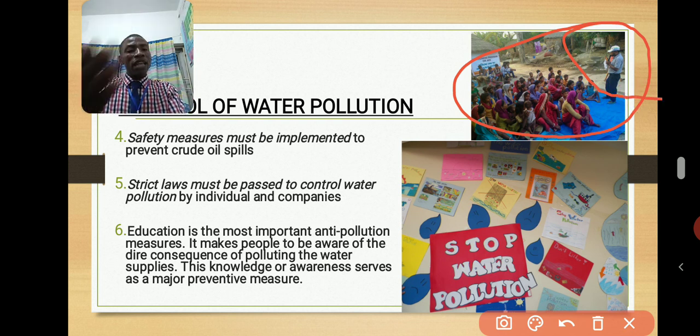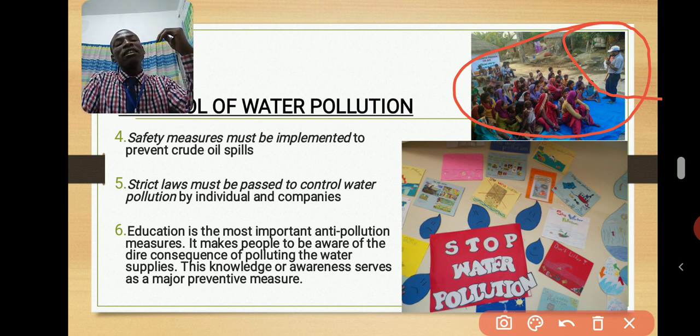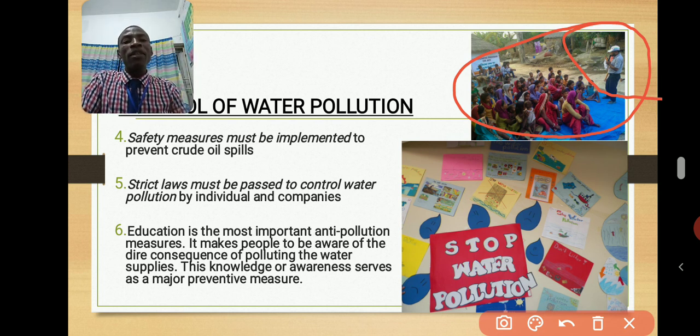Now that measure can be adopted. Let people understand the impact of what they are doing to the environment immediately surrounding them. Let them understand that if you pollute the water bodies and people go there to pick fish and you eat it, you are still harming yourself.